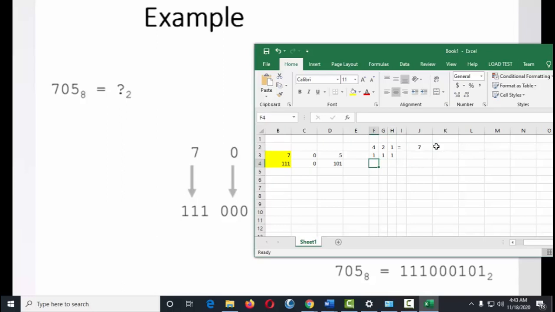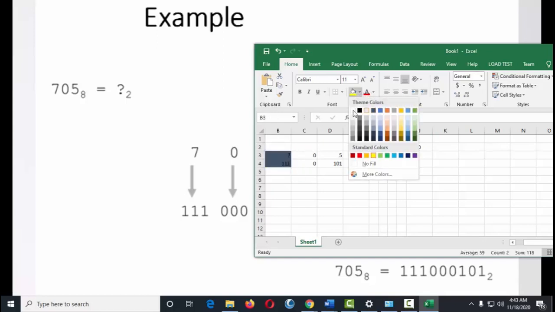How about the 0? If it's 0, 0, 0, you will not be adding any of the 4, 2, and 1. That's why your answer is 0. How about the 5?